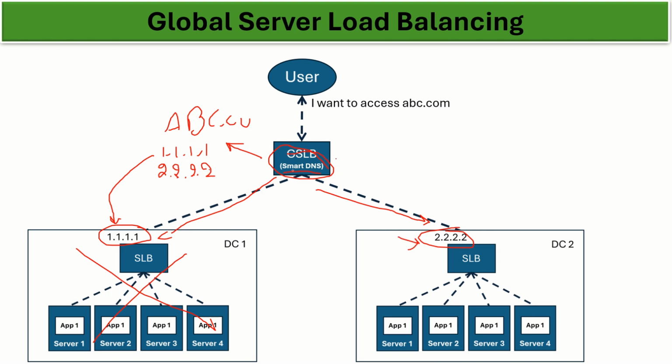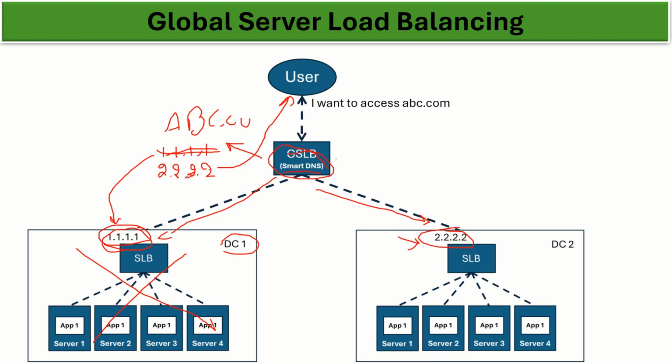So the moment GSLB sees that data center 1 is down and the IP 1.1.1.1 is not reachable, it will remove this entry from its database and send this IP to the user instead of 1.1.1.1 as a DNS would.